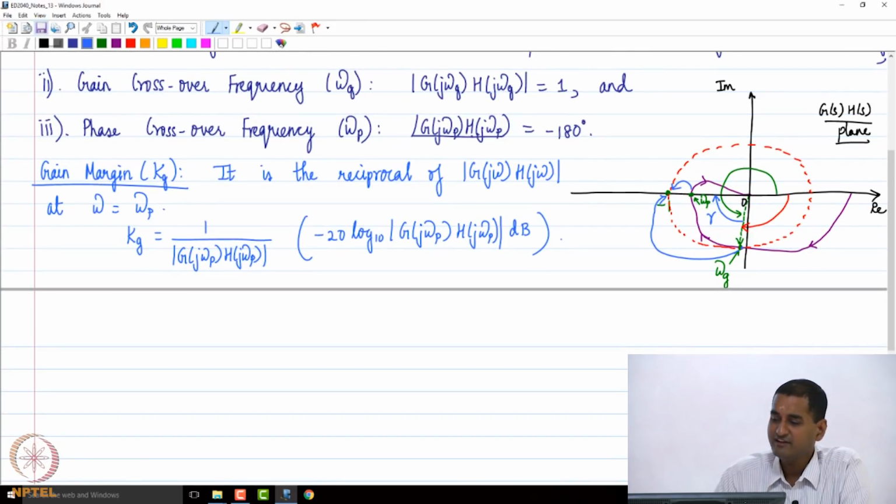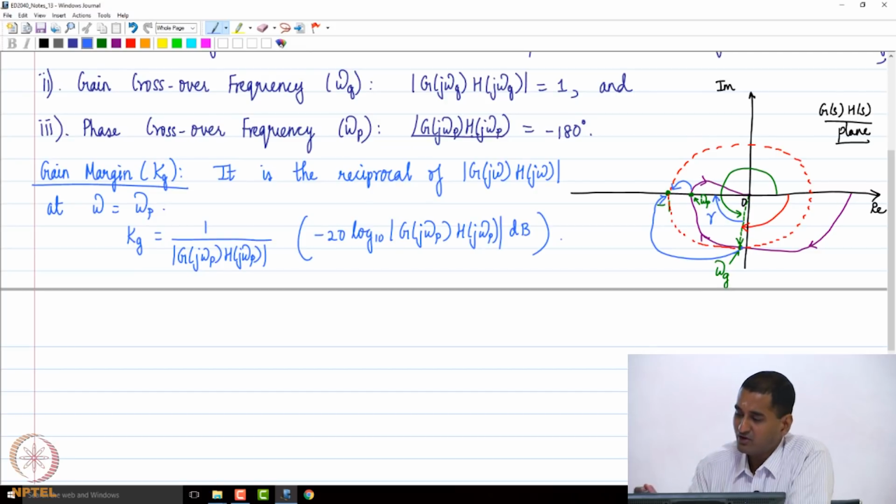So, why am I defining gain margin like this? Because you see that if I draw a vector from the origin to the point at omega p, the length of this vector is going to be the magnitude of g of j omega p h of j omega p.